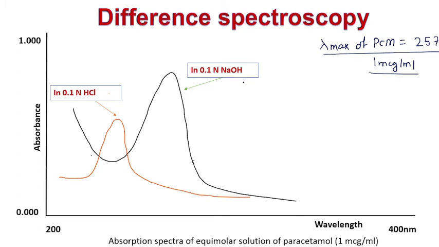If I record a spectrum, it is something like this. You can easily make out the absorption maxima. You can intercept it on the y-axis. Similarly, you can intercept it on the x-axis, and in case of paracetamol dissolved in alkaline pH, the lambda max was found to be 267 nanometer.